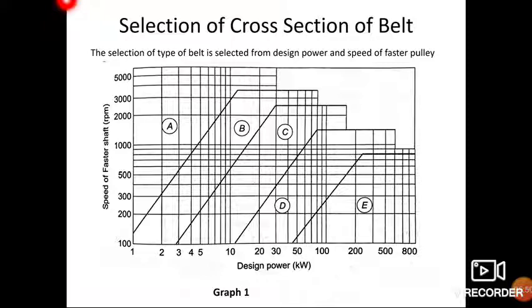If you know those two things, then you will plot the design power on the x-axis and the speed of the fastest shaft on the y-axis, and the intersection of those two will give you a type of belt.